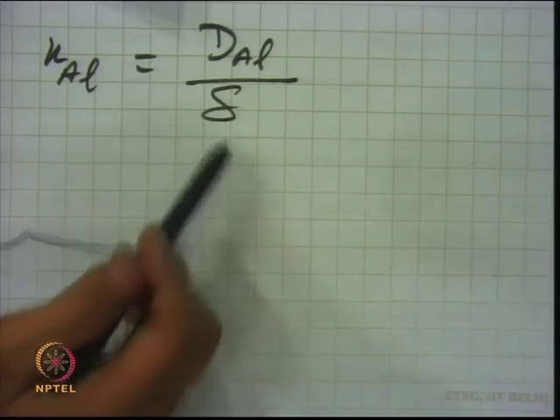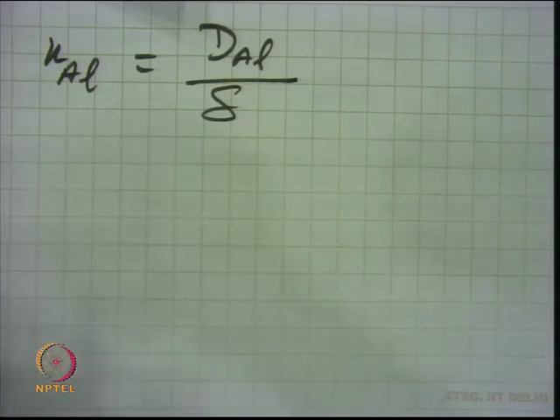So delta is the film thickness. Just like in gas-liquid reactor design or gas-liquid reaction, some kind of enhancement factors are generally used. The smaller the film thickness, the larger the mass transfer coefficient.